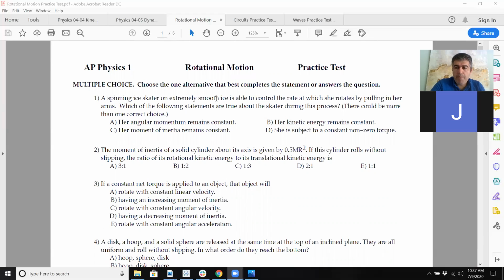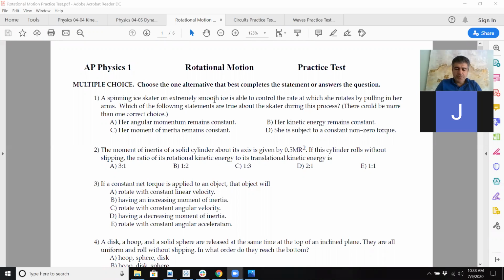The reason that's happening is because of her inertia. If you think of your body as a cylinder, with 2 little extra cylinders coming out of your body, like your arms, then when you bring them in, that changes your inertia.